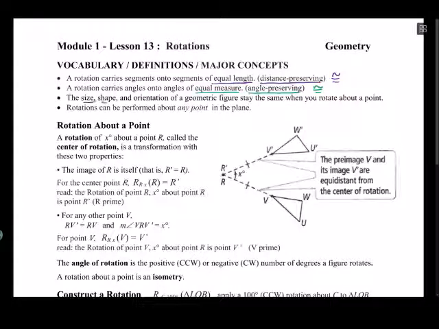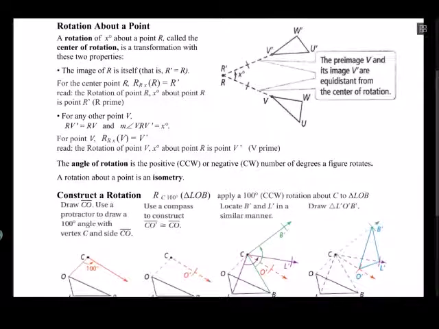The size, shape, and orientation of our figure stay the same when we rotate about a point. And rotations can be done about any point in the plane. A rotation moves x degrees about a point called the center of rotation.